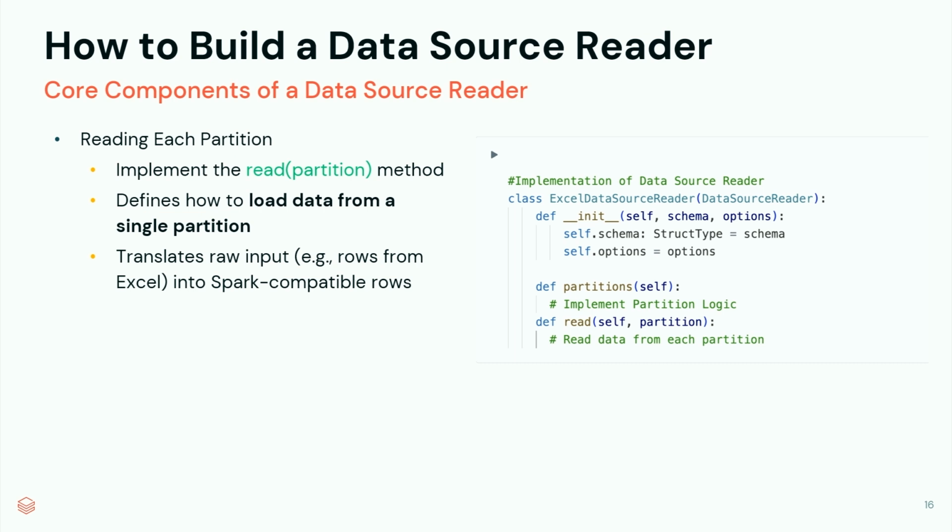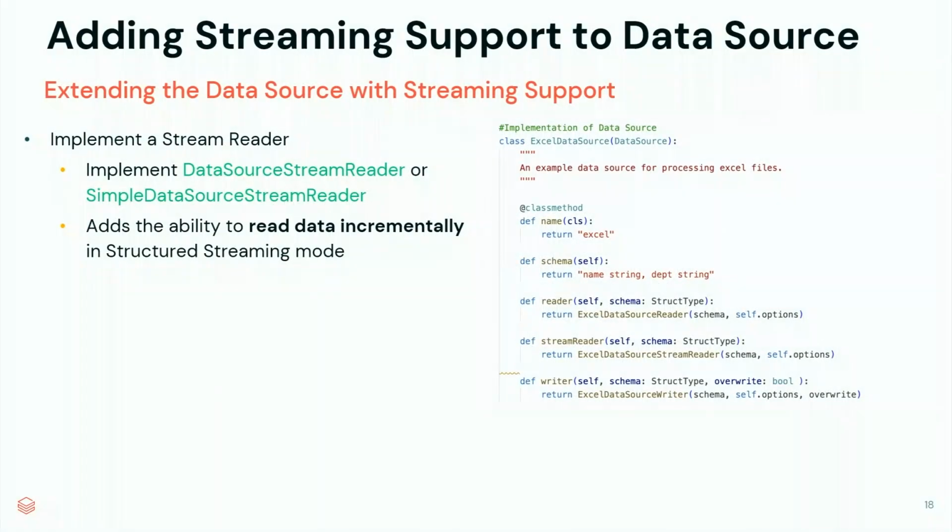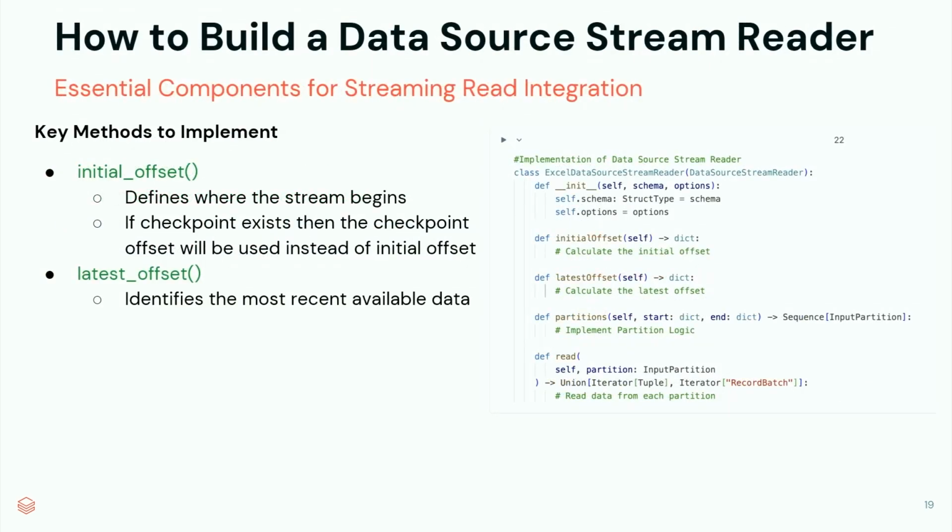Within the same class, we implement that stream reader method, and in that one we return the stream reader class object. And in that stream reader class we have the read method, and we have other methods like partition, but there are two additional methods in that class which are not available in batch.